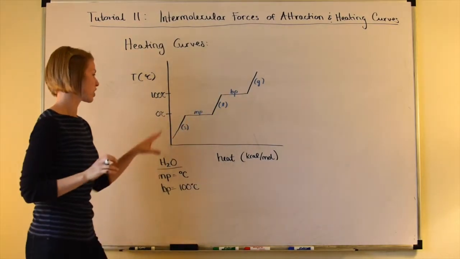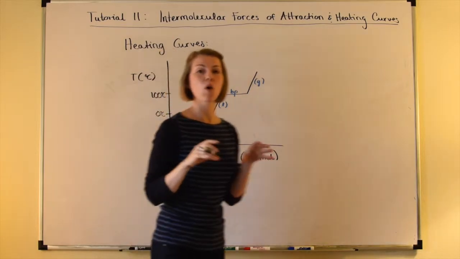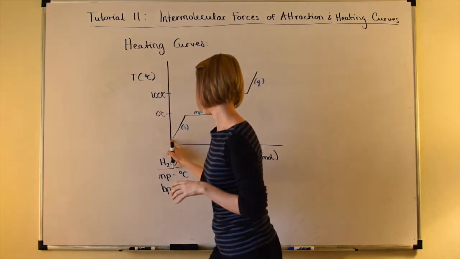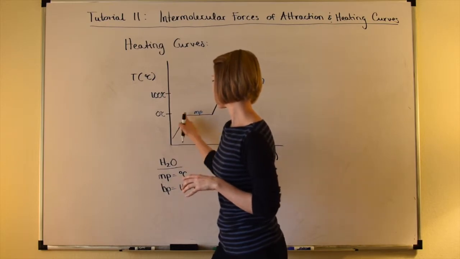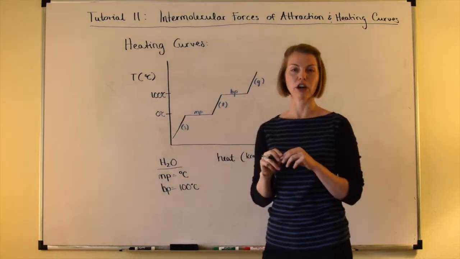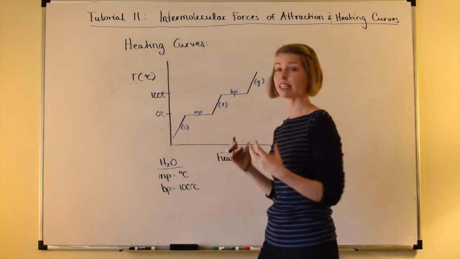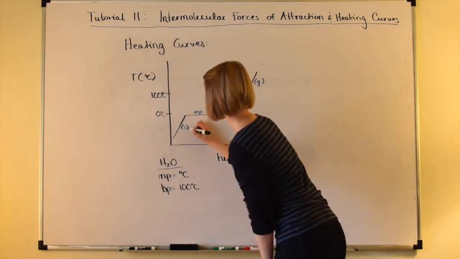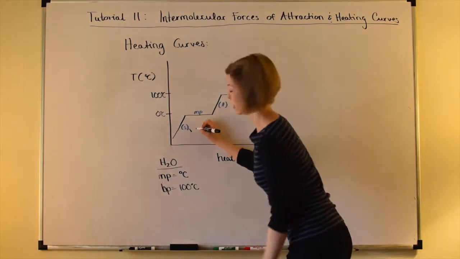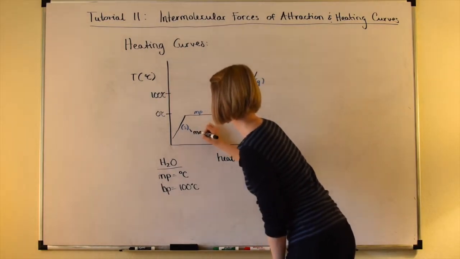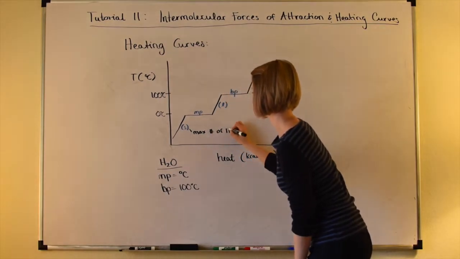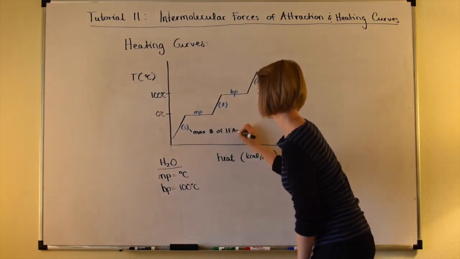So let's take a look at what's happening to these water molecules starting from here. Okay, so we know this temperature is below the melting point, so we're talking about water in the solid state. In the solid state, we would expect any substance, really, to have the maximum number of intermolecular forces of attraction between molecules.